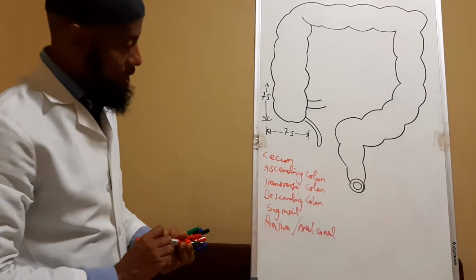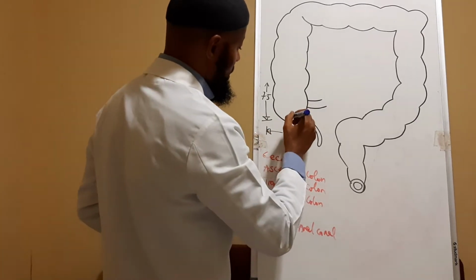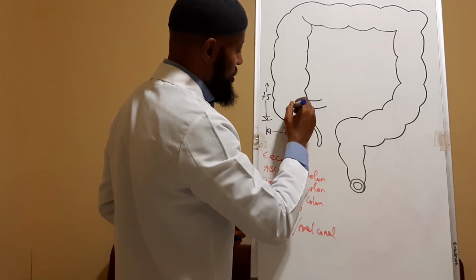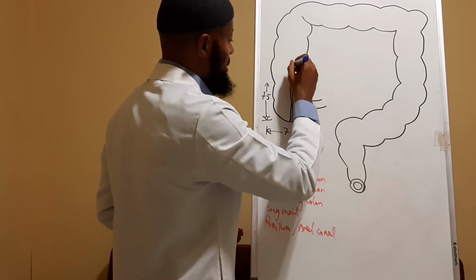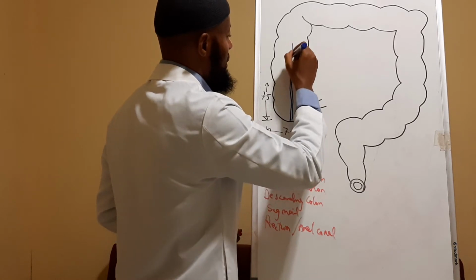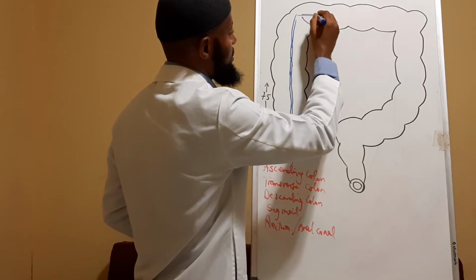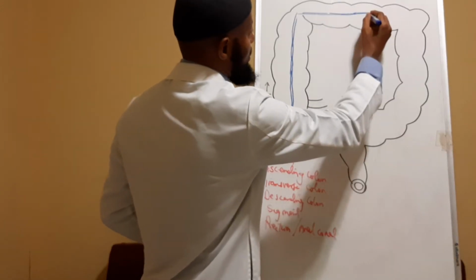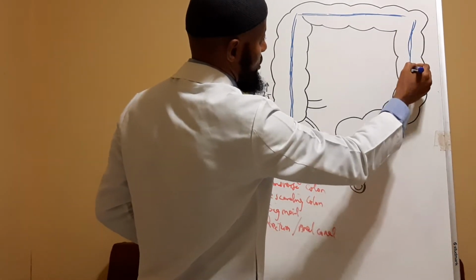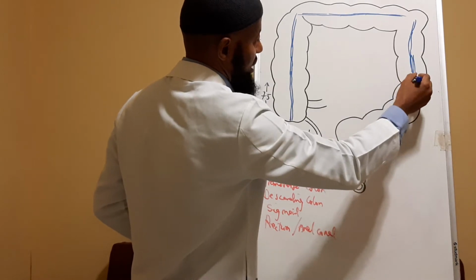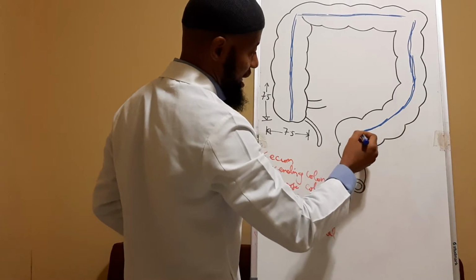All right? Now, some of the distinguishing features of this is the presence of a longitudinal band. Here's a longitudinal band that runs vertically and continues transversely, and of course they also continue descending downward, following the course of the large intestine.